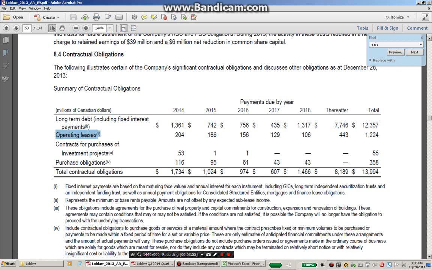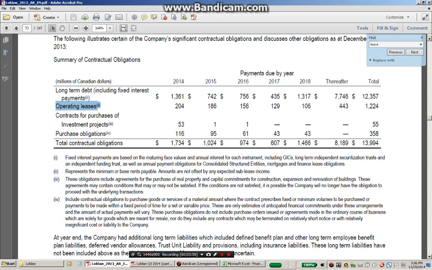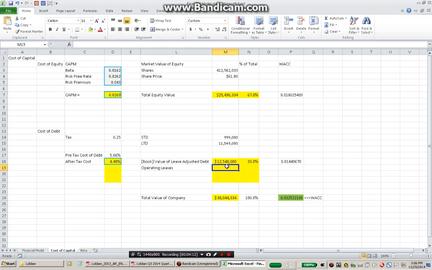These other, I guess it's more to do with inventory or some sort of purchases. I haven't read through the actual details, but anyways, operating leases. We want lease adjusted debt. That was 1.224. 1.224. That was in millions, and we're speaking in thousands.